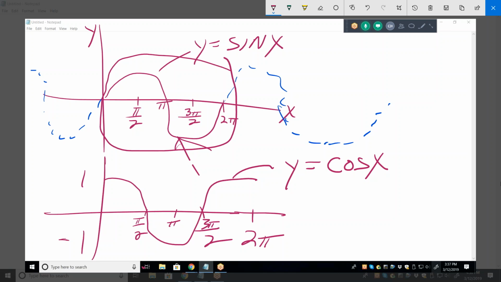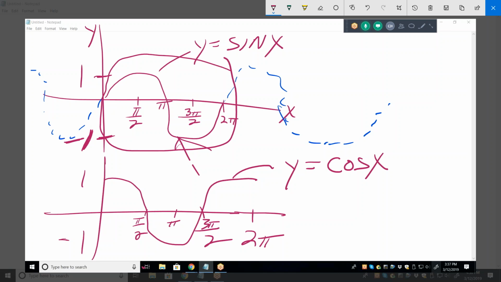In other words, you can do it from the unit circle, but to me, it's the hard way. Because you've got to memorize these two curves anyway. You really do. They're not going to let you out of trig without memorizing these two curves. And once you memorize those two curves, then all your quadrangles are evident from these two curves.